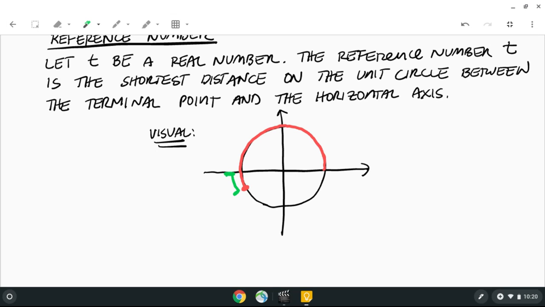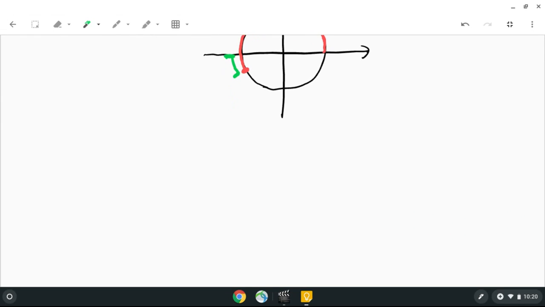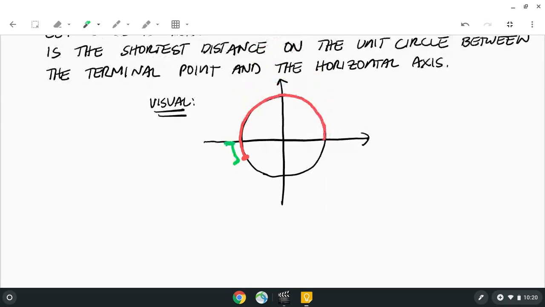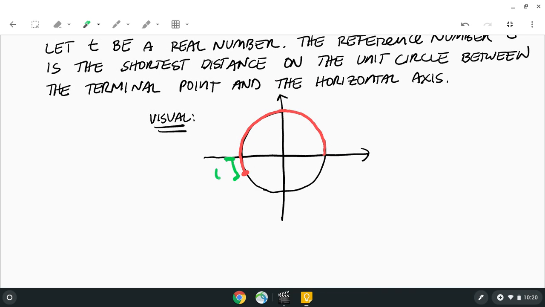Even though it's traveled just a little bit over pi distance, its reference number is only going to be that short distance. I'll call that t-bar.